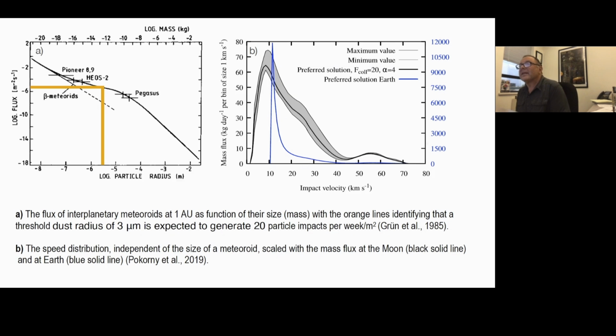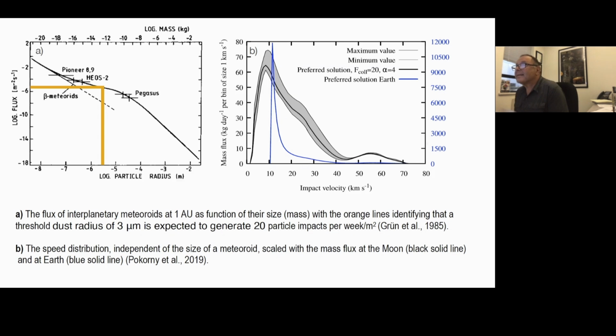That's on the left. It's a function of particle size or mass. That's the flux. And then those little yellow lines indicate that if you could measure particles as small as 3 microns, then you would have a dozen or a couple dozen, maybe 20 impacts per week that you could record on the lunar surface.